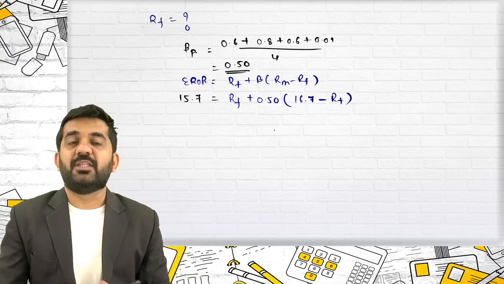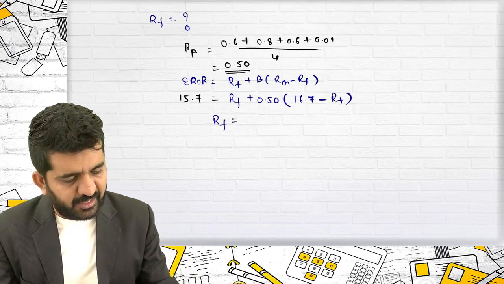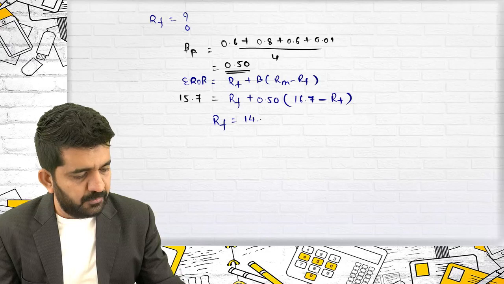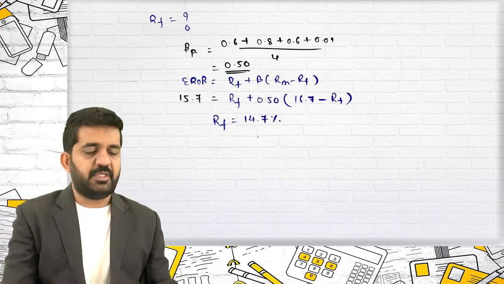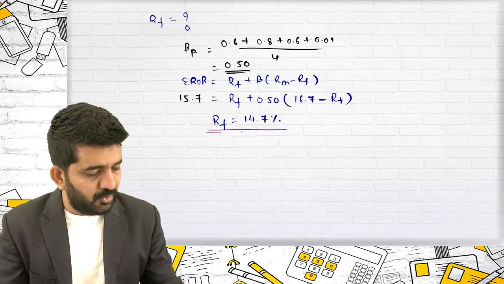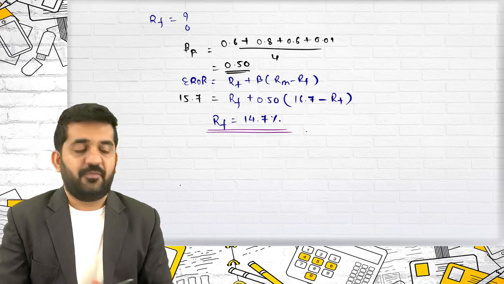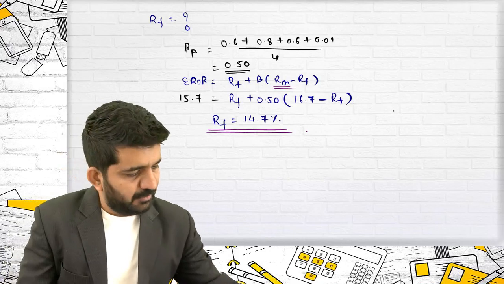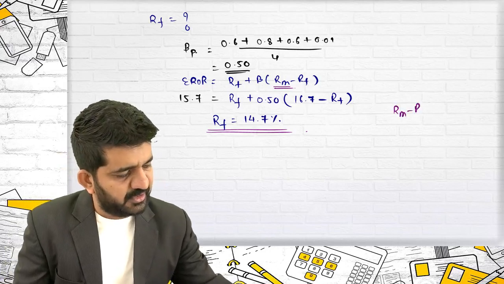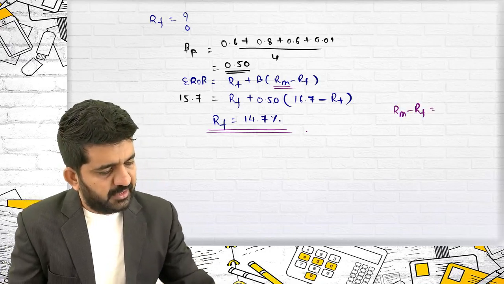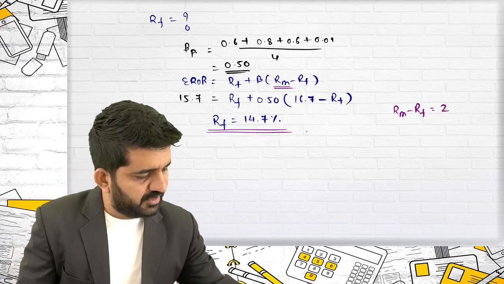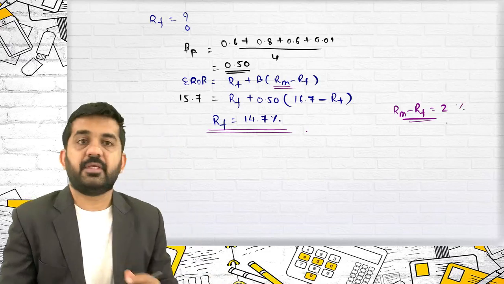So there is only one thing missing in the equation, which is RF. Solving the equation, you get RF as 14.7%. So what we have got is RF. Let me also find RM minus RF, so that in the CAPM model it becomes easy. 16.7 minus 14.7 is 2%.